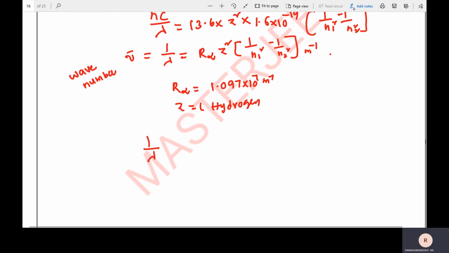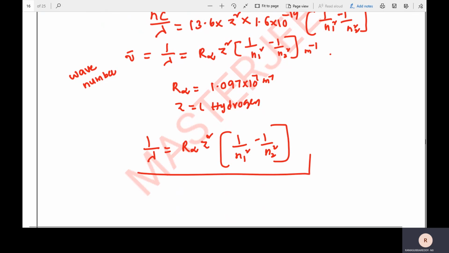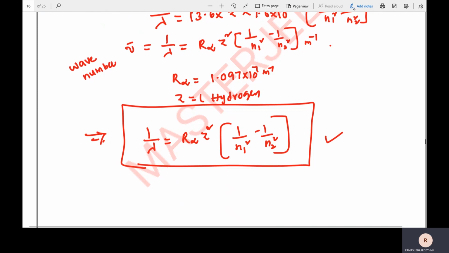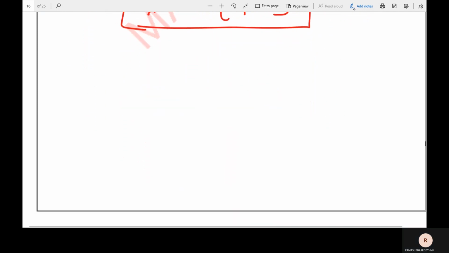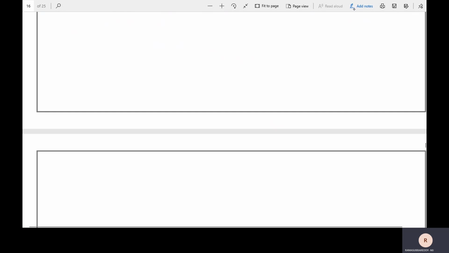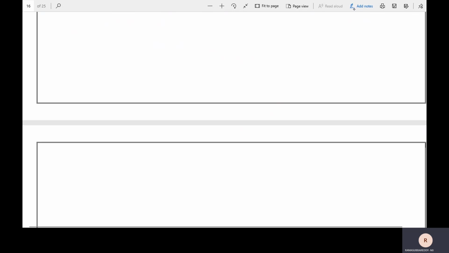So 1 by lambda is equal to R infinity Z square times 1 by n1 square minus 1 by n2 square. Very important. In order to find the spectra of hydrogen of different series, we'll use this relation. Now we'll see how to find the wavelengths and what are the series.